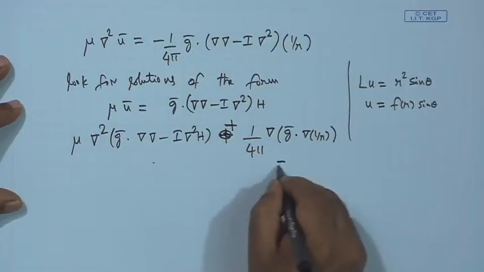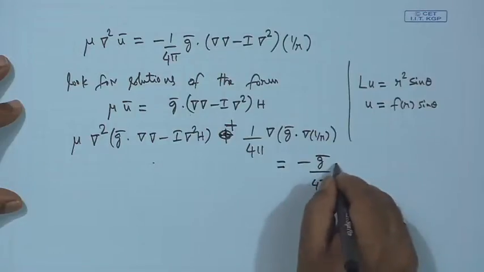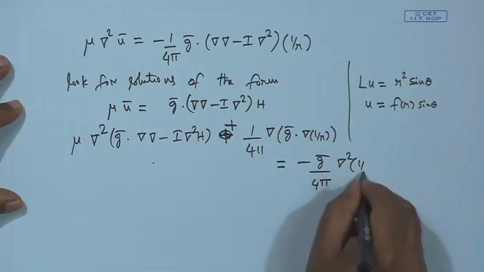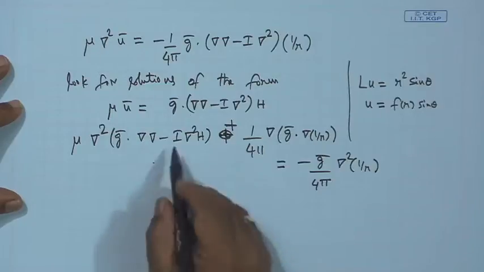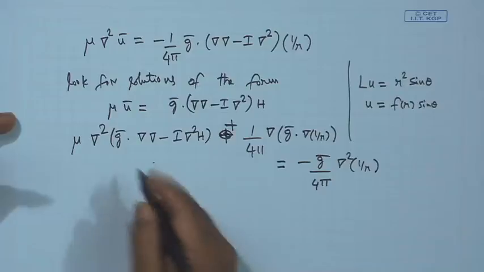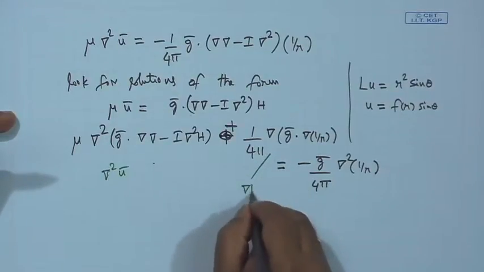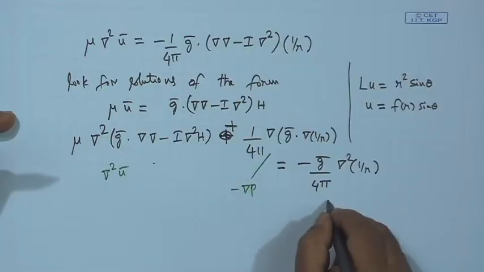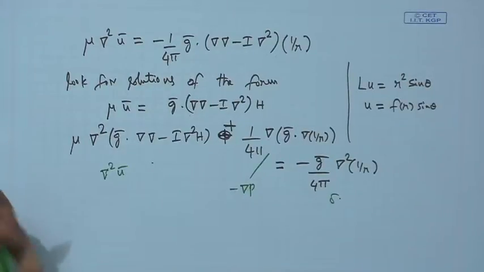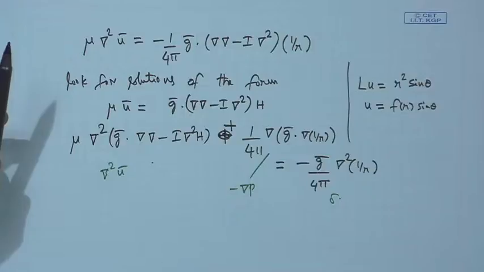So, this is plus, this is equals. So, what is this? This is nothing but, let me write down, the del square u term, and this is minus grad p term, and this is delta. Once you substitute in this, then what we are getting is the following.